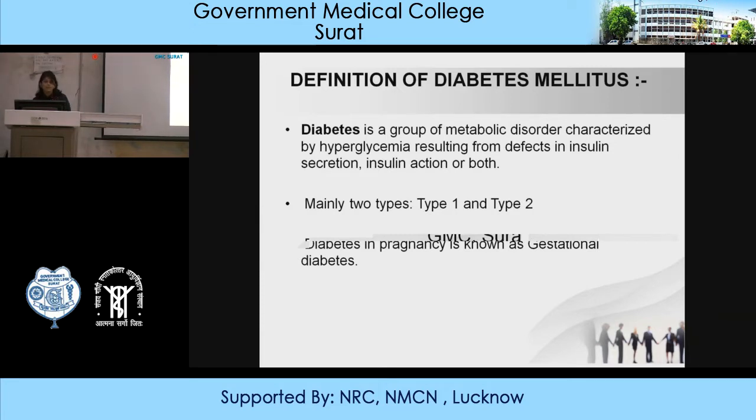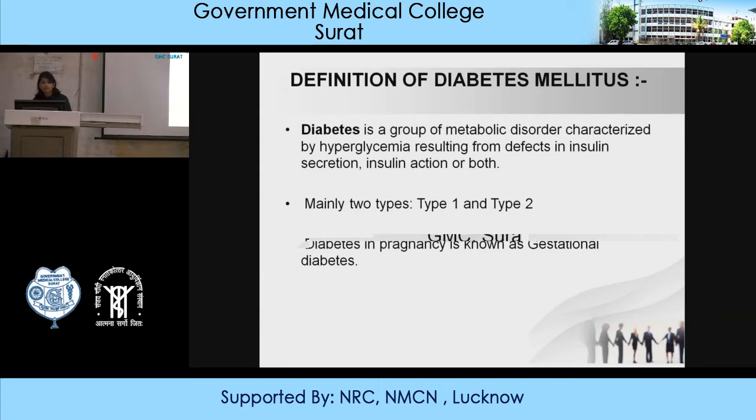So accordingly, we will be dividing this disease into two main categories, that is type 1 and type 2. In type 1 diabetes mellitus, there will be defect in the secretion of insulin from the beta cell of islets in pancreas, and in type 2, insulin will be there, but the receptors on different tissues will be resistant to the same.